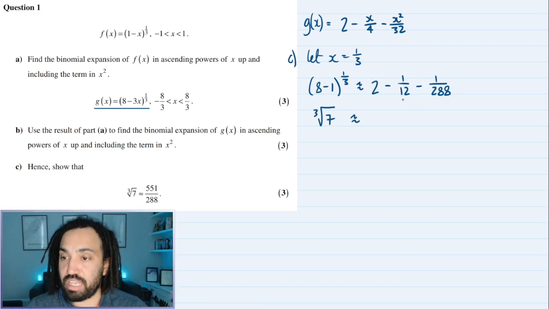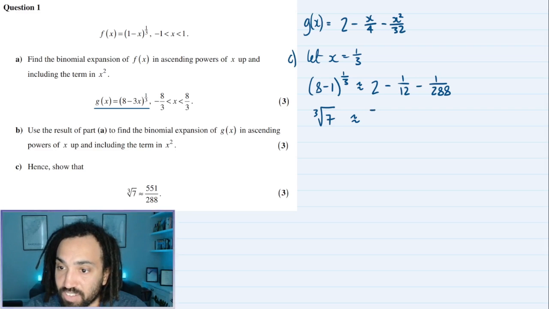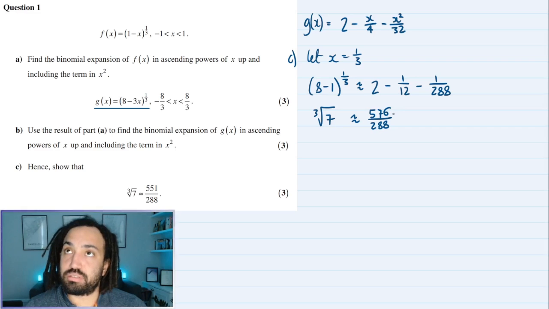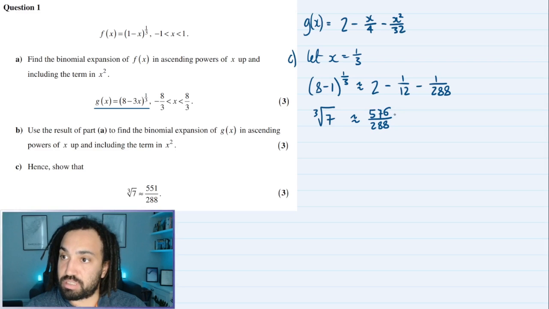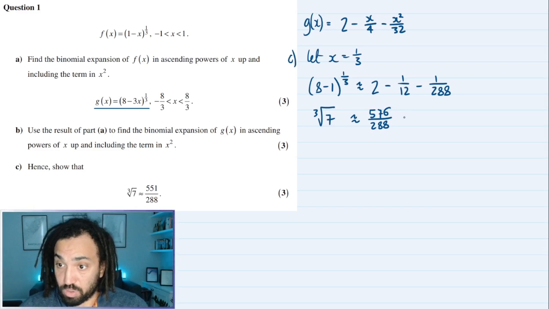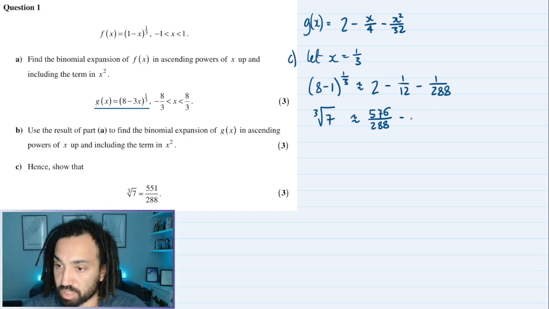And here we would get 576 over 288, and that's 12 times 24, so minus 24.